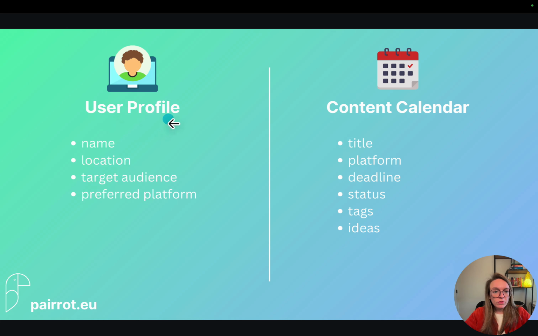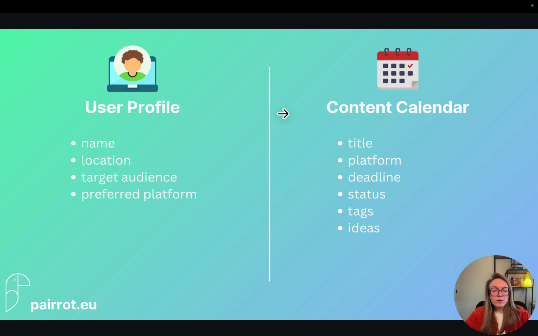So for example, in our user profile, we want to store information about the user, such as its name, where it's based, the target audience, and the preferred social media platforms. On the other hand, we will have the content calendar, where we will store information about the title of the piece of content, the platform where we want to publish it, the deadline, the status, some tags, some keywords, and some draft IDs for the piece of content.